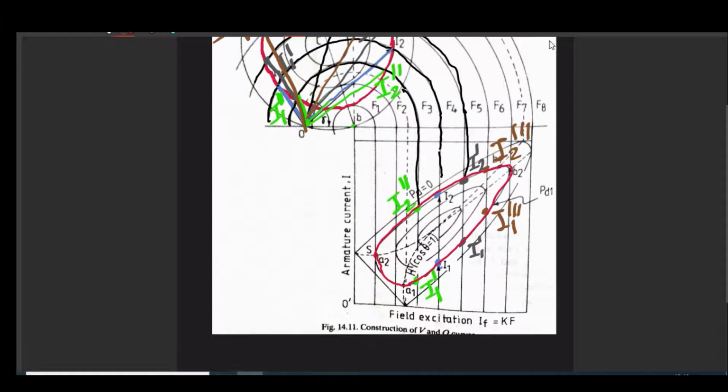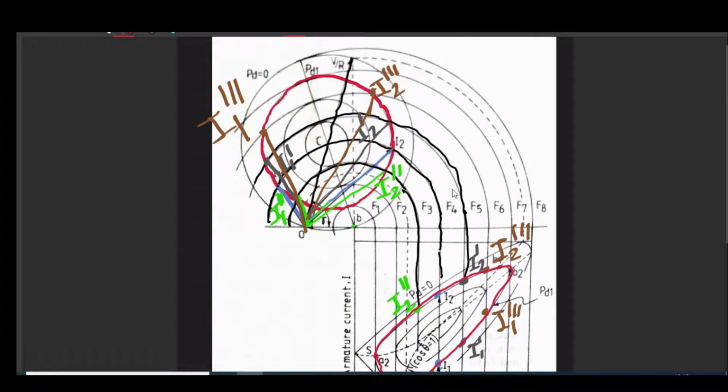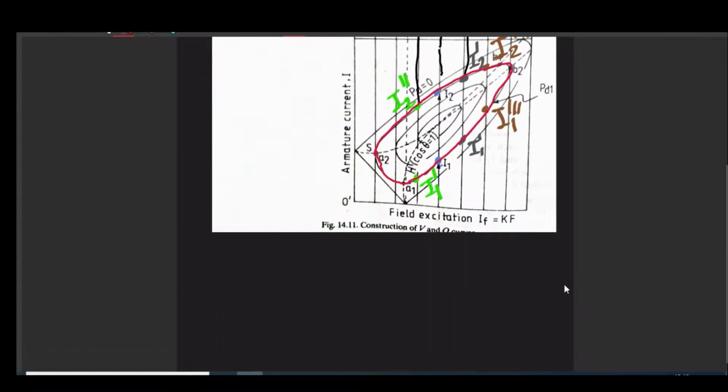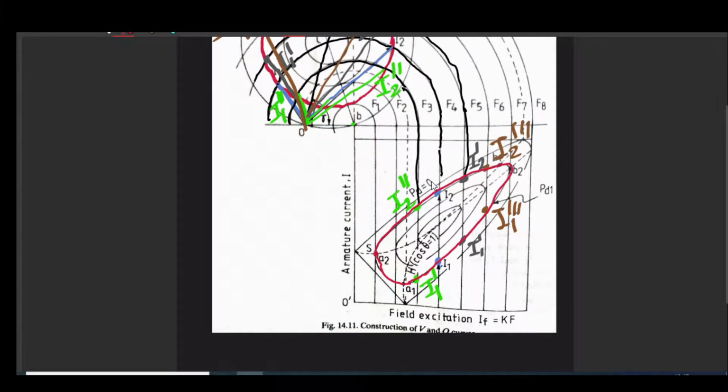However, along this curve, what is the genesis of this curve? From this red colored circle that is having a constant power PD1, for constant power we are getting this kind of representation.